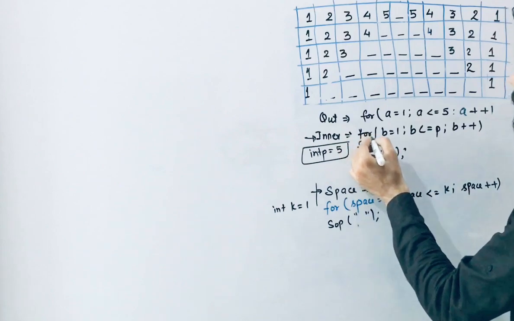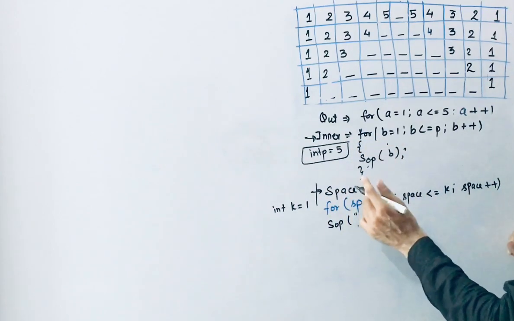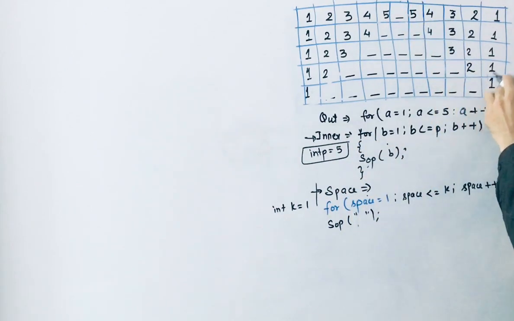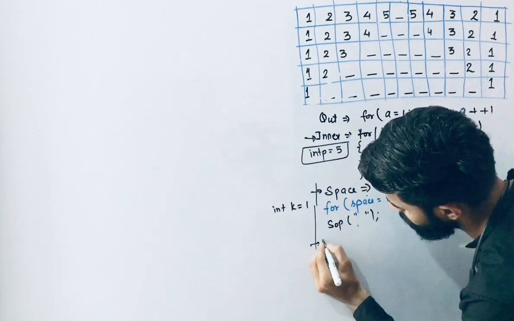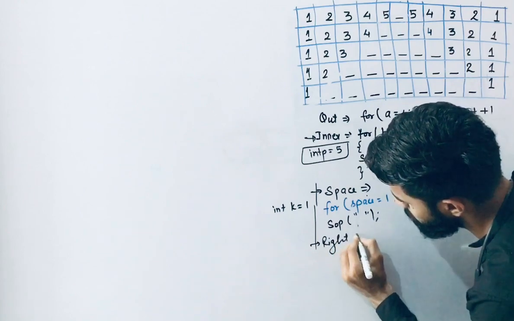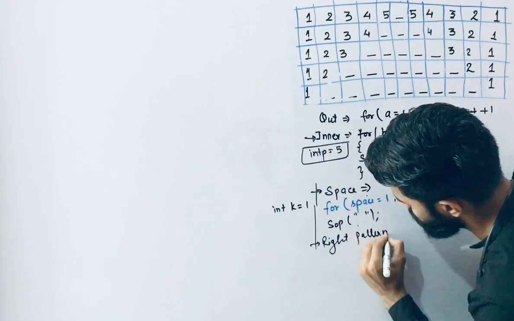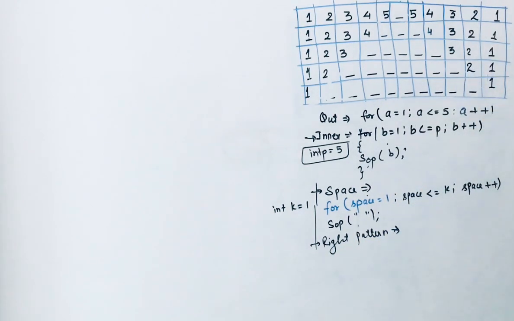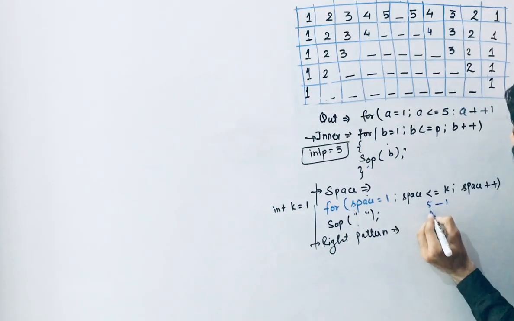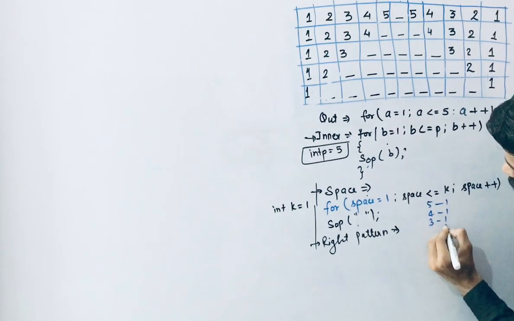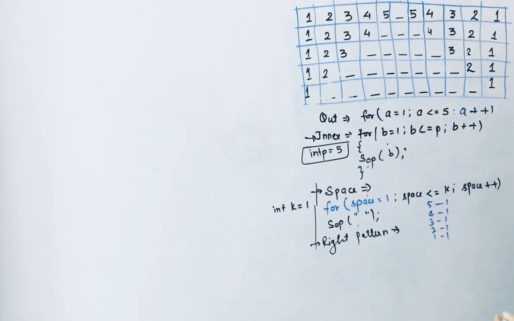Now after printing the left pattern and the space, now we are going to print the right pattern. See class, what we do in this pattern. First of all, the loop runs 5 to 1, 4 to 1, 3 to 1, 2 to 1 and 1 to 1.